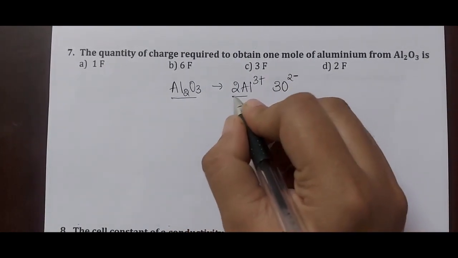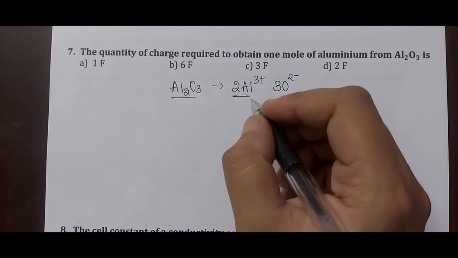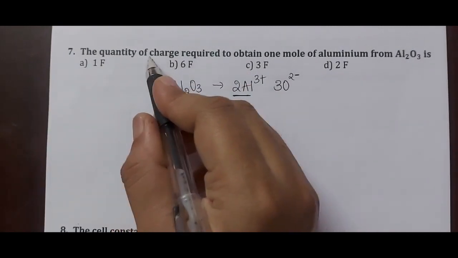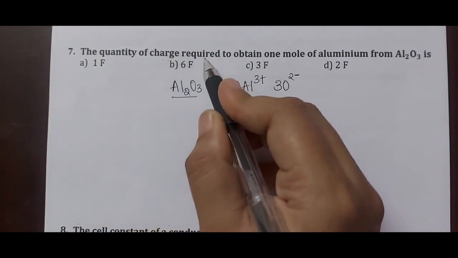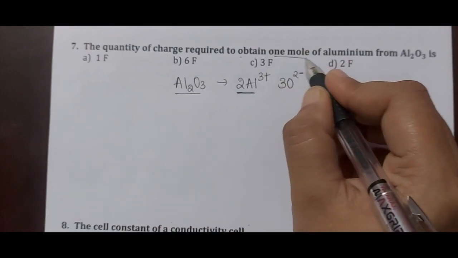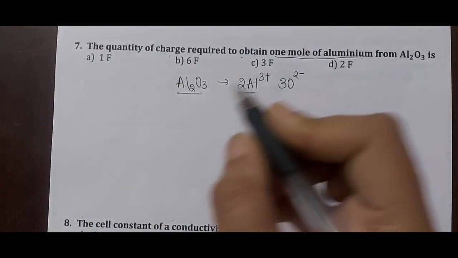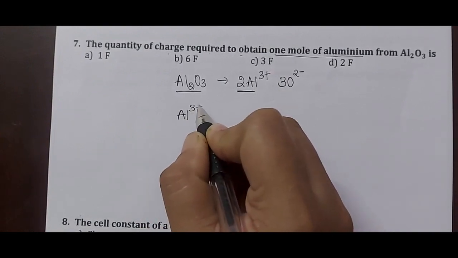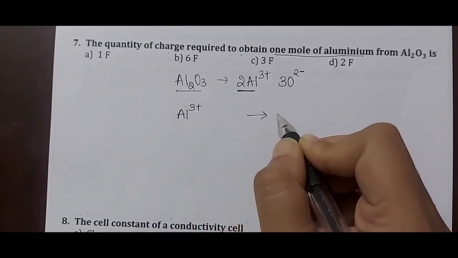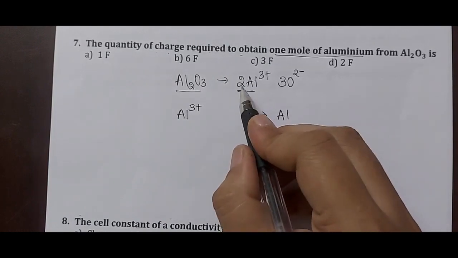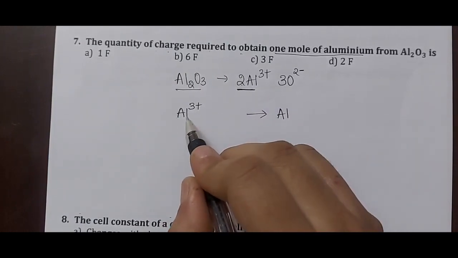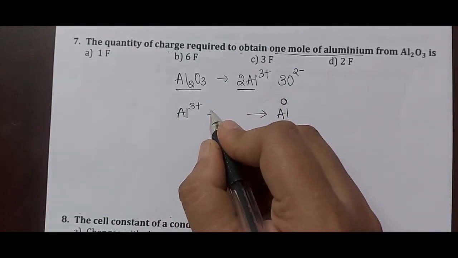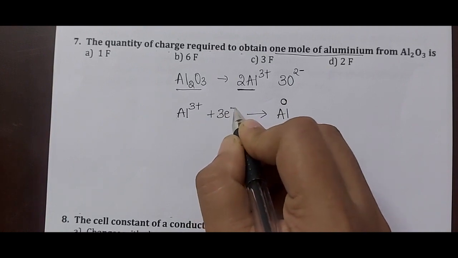Now here 2 moles of aluminium ion we are having, but the question asked is the quantity of charge required to obtain 1 mole of aluminium. So 1 mole of aluminium means again we want this Al3+ in the form of Al. We don't want 2, we want only 1 mole. So Al3+ from +3 to 0 oxidation state means it should gain 3 electrons.